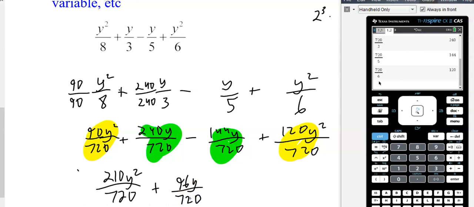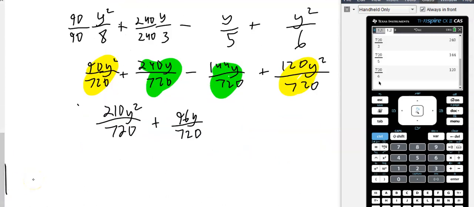And then you might be able to simplify that even further. Wow, why did I pick such a tough one here, right? So I guess that'd be 105y squared over 360. I think we could still take out a 5 there.